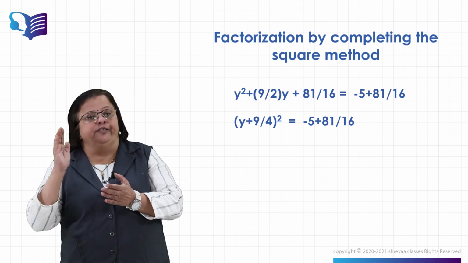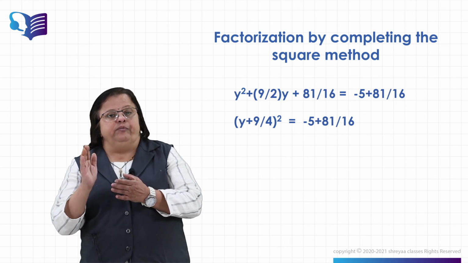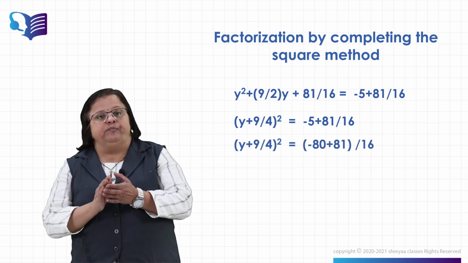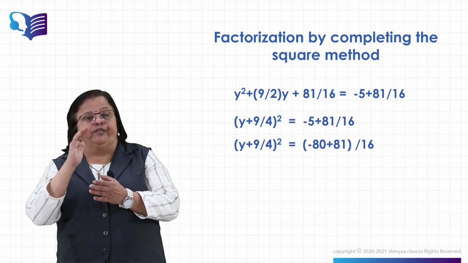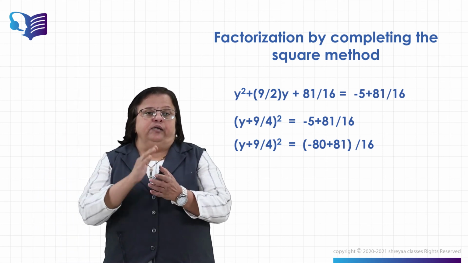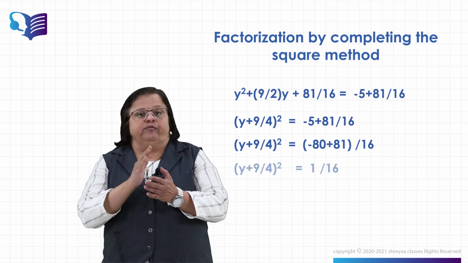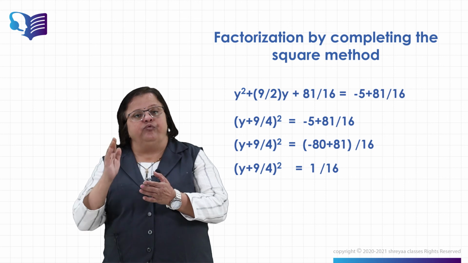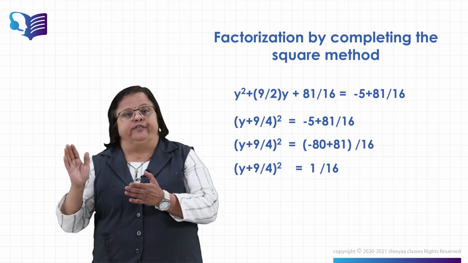Here on the right hand side you have to simplify it. 16 is the LCM, so it will be y plus 9 upon 4 bracket square is equal to minus 5 into 16, which is minus 80, plus 81 upon 16. So it will be y plus 9 upon 4 the whole bracket square is equal to 1 upon 16.